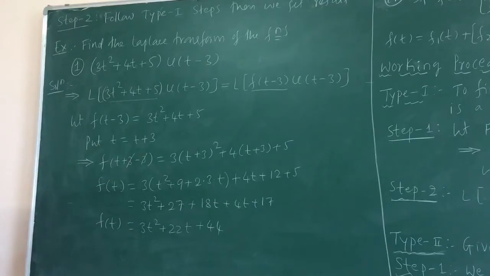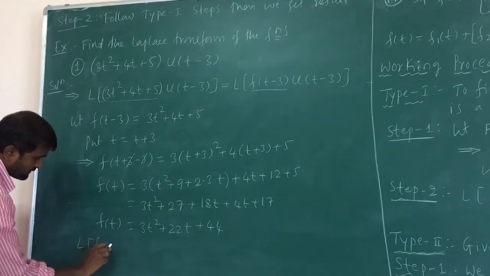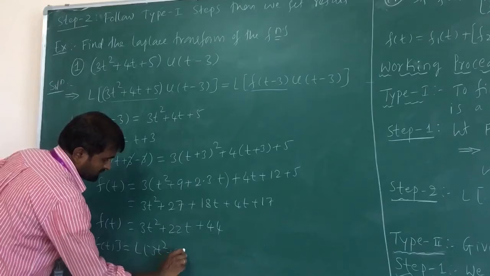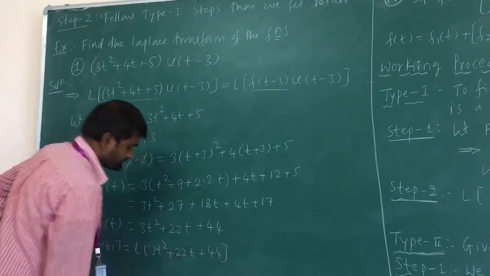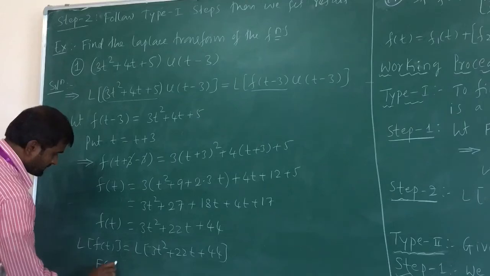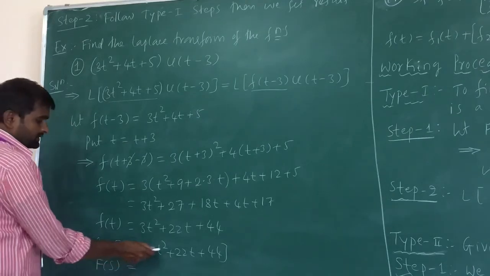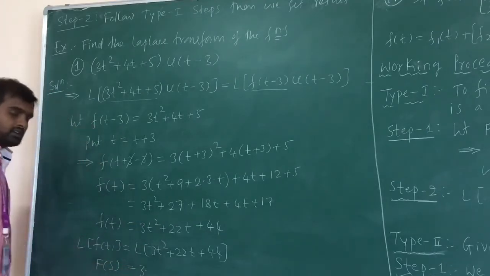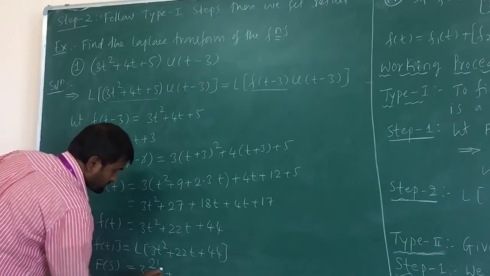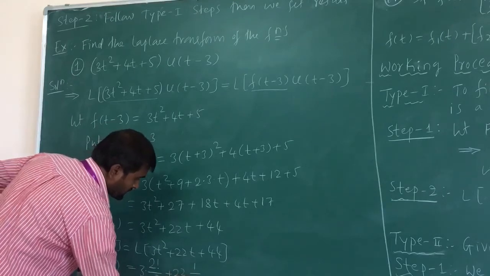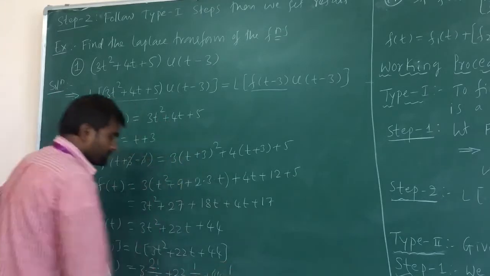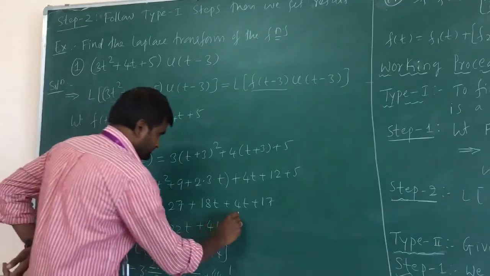Now apply the Laplace transform on both sides. This implies L of f of t equal to L of 3t square plus 22 into t plus 44. Then L of f of t is f of s, equal to 3 into L of t square, which is 2 factorial divided by s cube, plus 22 into 1 factorial by s square, plus 44 into L of 1, which is 1 by s.